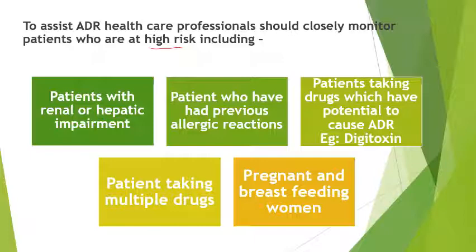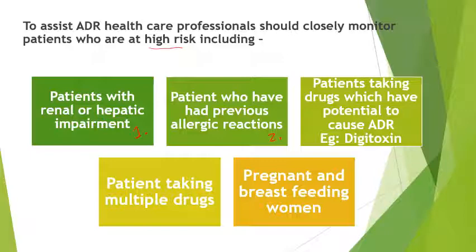Patients who have renal or hepatic impairment are at high risk. Patients who have previous allergies and who are generally very prone to getting allergies are again a high risk demographic. Now, the patients taking drugs which have a potential to cause ADR are at high risk.